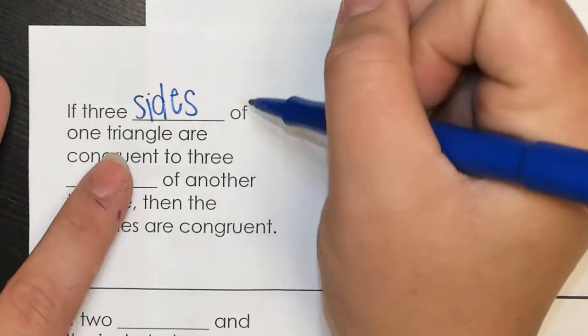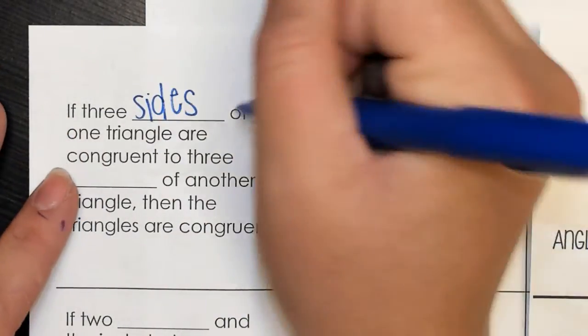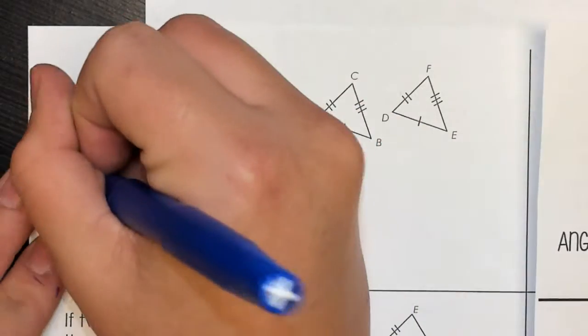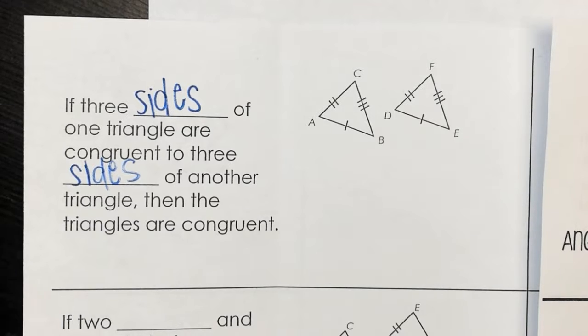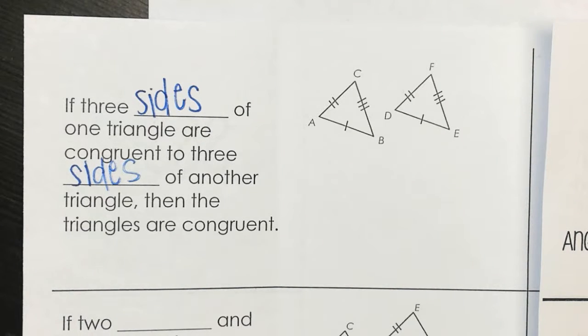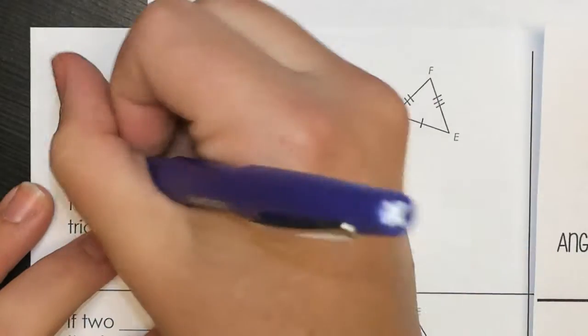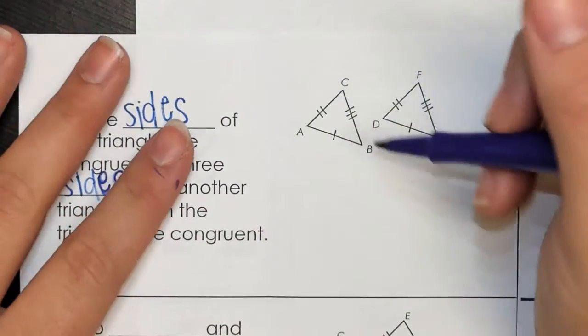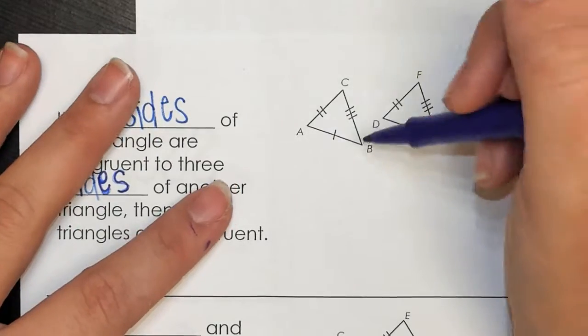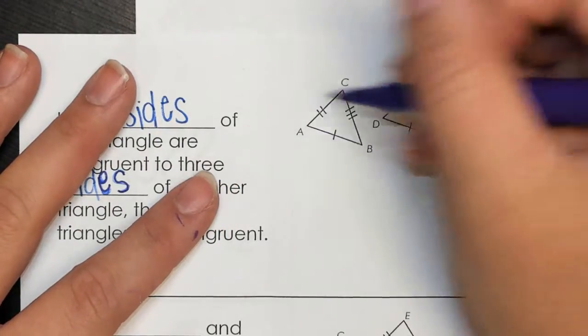If three sides of one triangle are congruent to three sides of another triangle, then the two triangles are congruent. So in this case, with these two triangles, each dash represents a set of sides that are congruent.